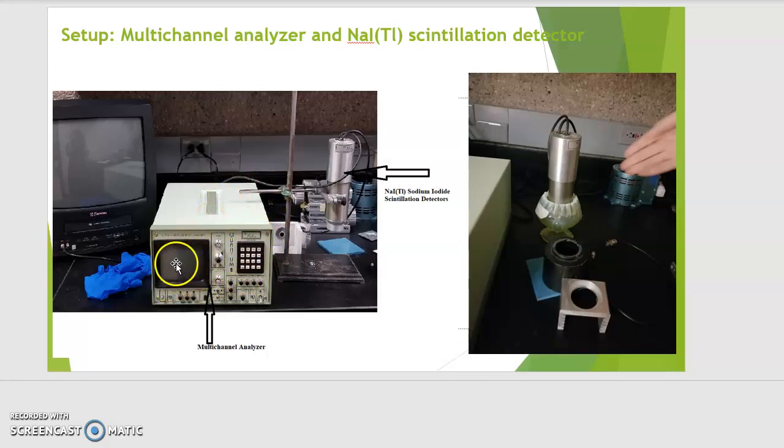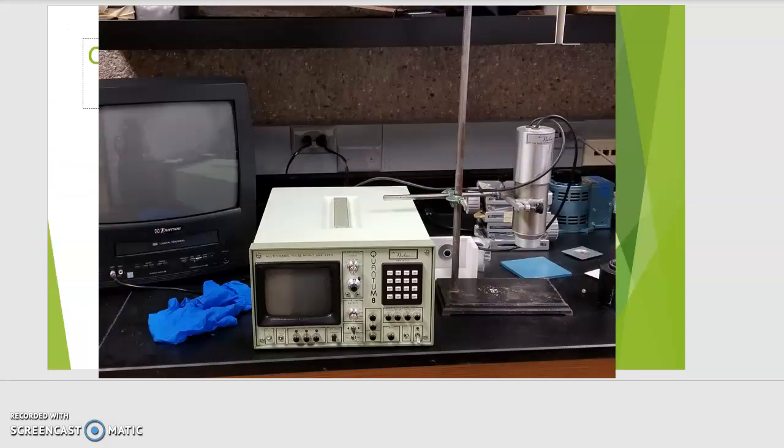There is a screen here, and we will see the pattern on this screen. In this lab, one of the gamma ray sources is this vase. The vase is greenish because there is a tiny amount of uranium, and that makes this vase a radioactive gamma ray source.